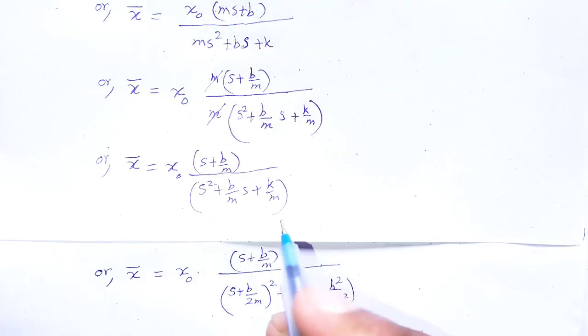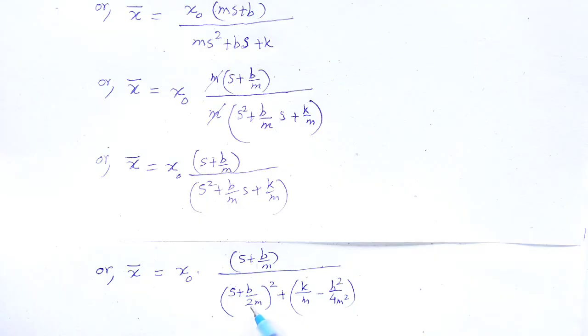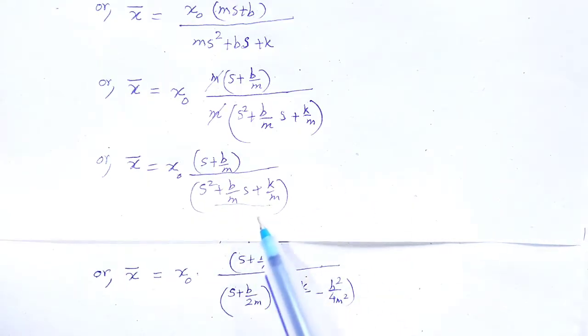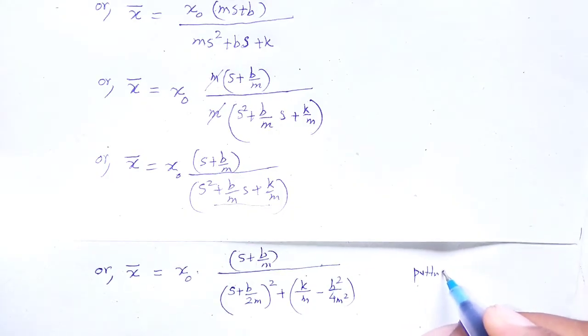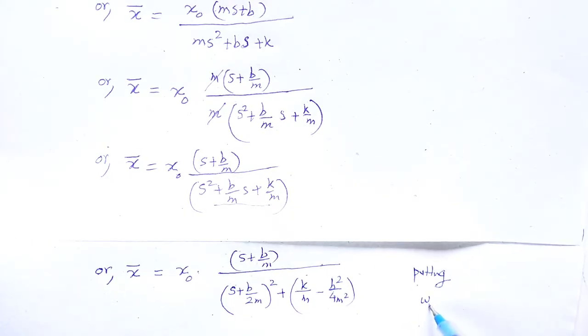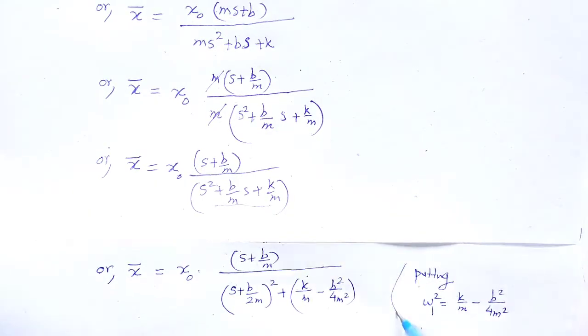Taking its square, we have the term s square plus b square by 4m square plus b by m s, and adding that term we have the denominator. Here we put omega 1 square equal to k by m minus b square by 4m square.